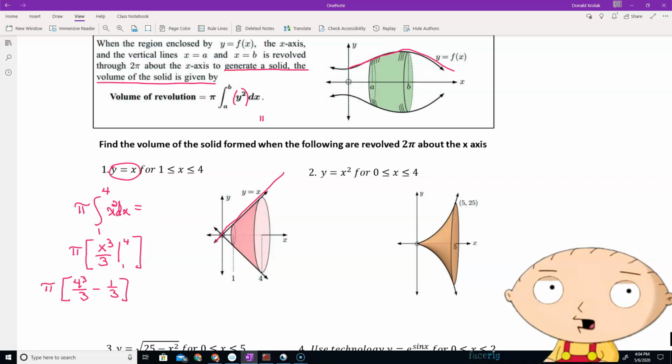So 64 over 3 minus 1 over 3 would be 63 over 3, which is 21. So my volume is 21 pi, and whatever units we're in, so I'm going to just say we're in centimeters, so I'd say cubic centimeters, and that's my volume.